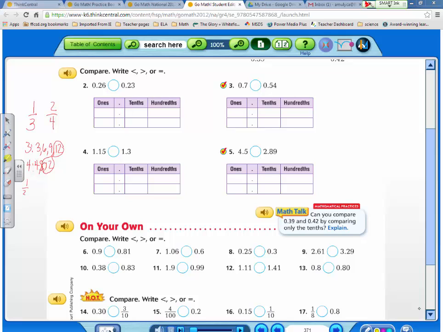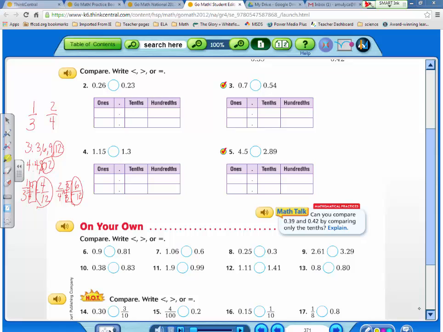So we changed 1/3 times something equals twelfths, and 2/4 times something equals twelfths. We did 3 times 4, so 4 times 1 is 4, and 4 times 3 is 12, so 2 times 3 is 6. So once we had 4/12 and 6/12, it was easy to compare.